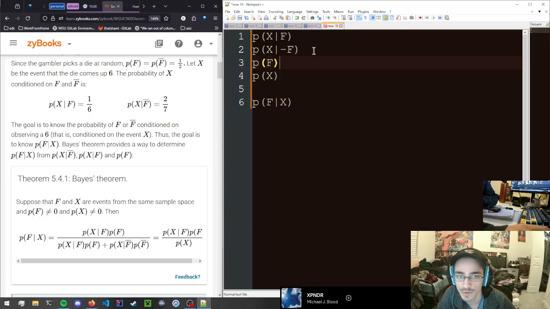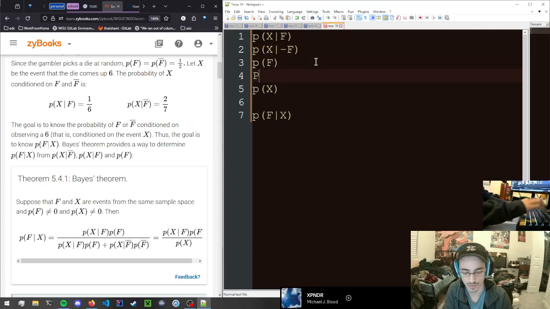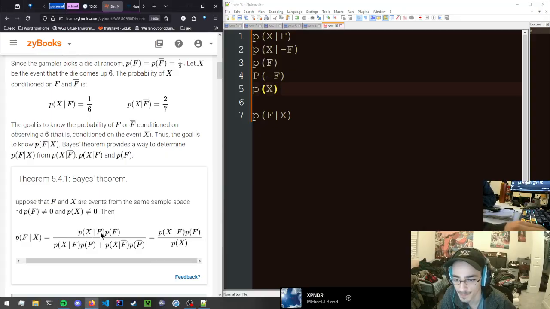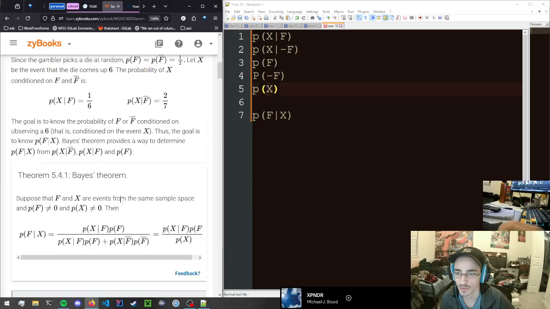That'll give you insight on this. So you can know all this because it's in the formula. That's pretty cool.